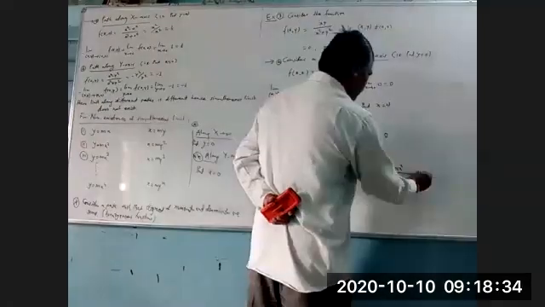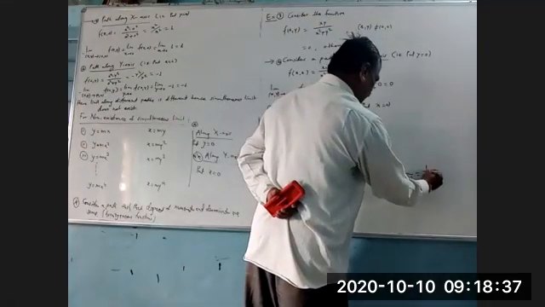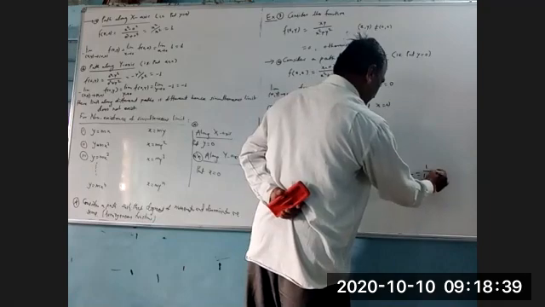In this case, cancelling x square, we are having m upon 1 plus m square.